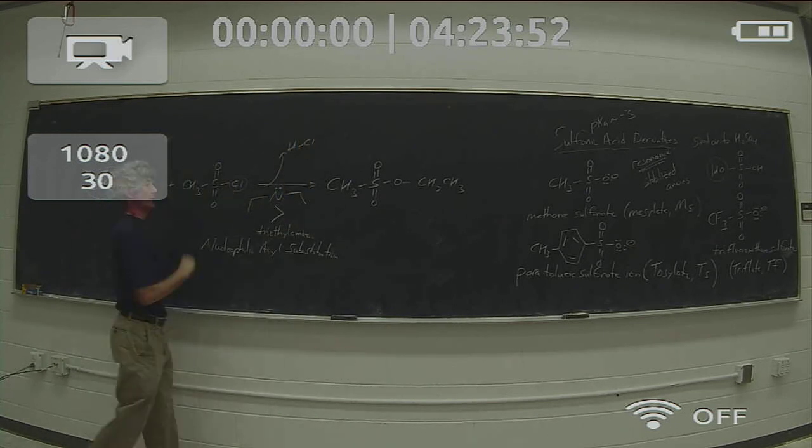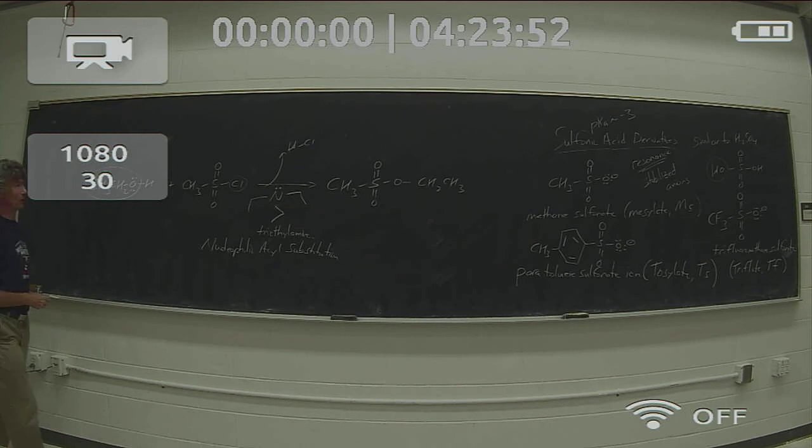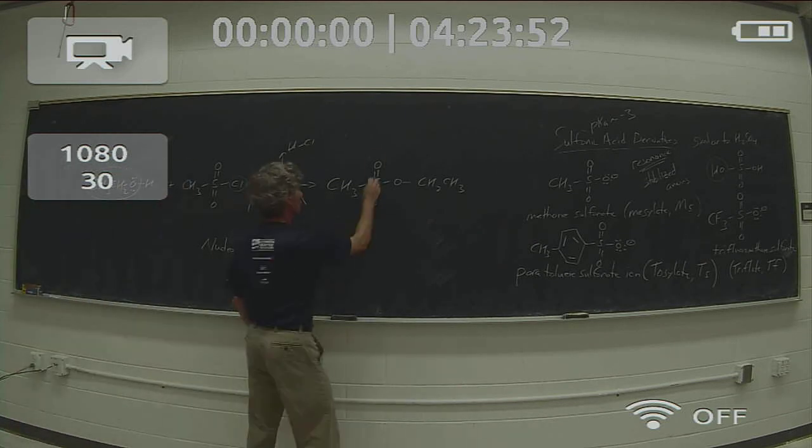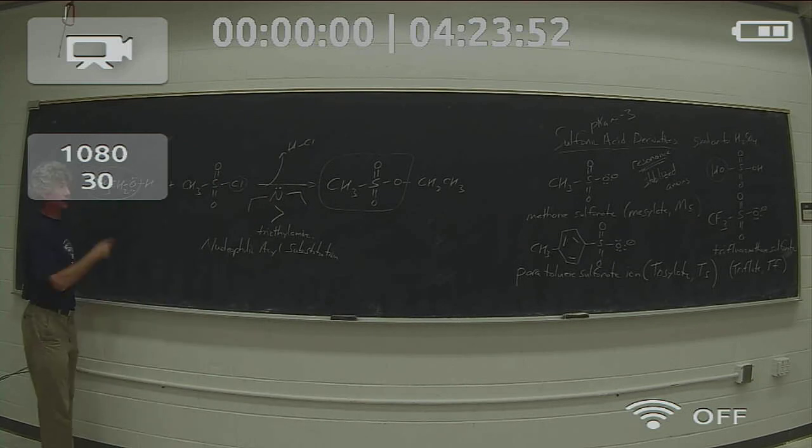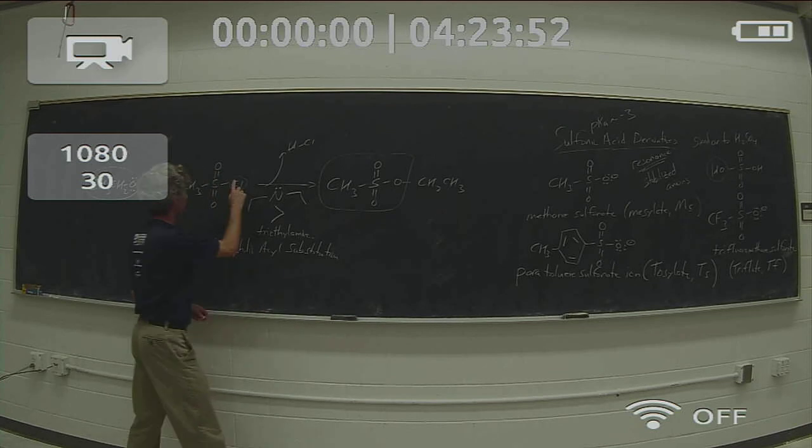The amine reacts with the HCl and speeds that reaction along, and we have taken a bad leaving group, hydroxide, and converted it into a good leaving group, the methane sulfonate group. So that's very convenient, and we'll see this mechanism later.